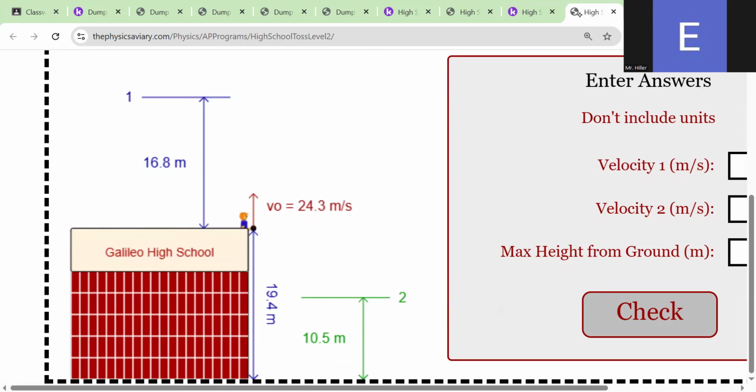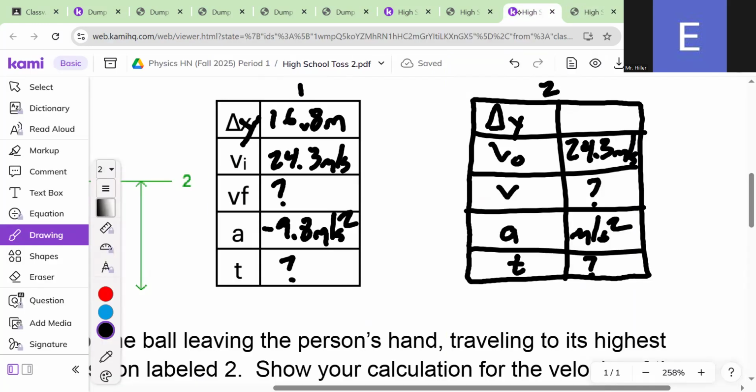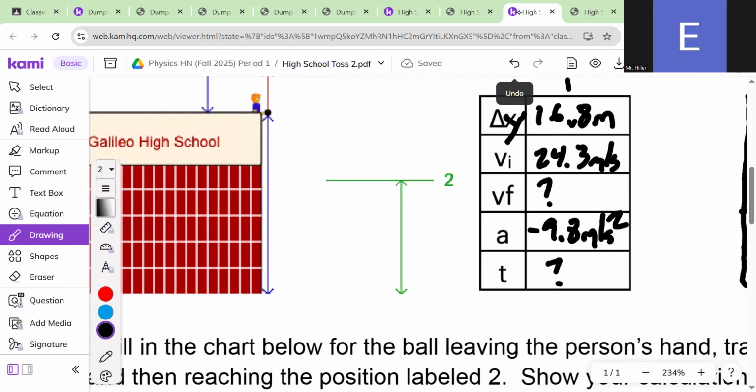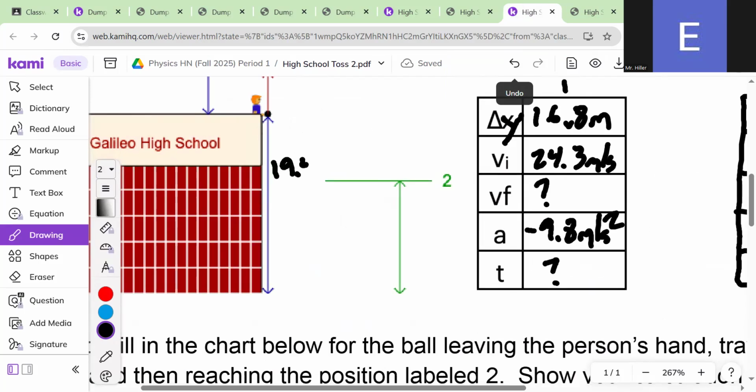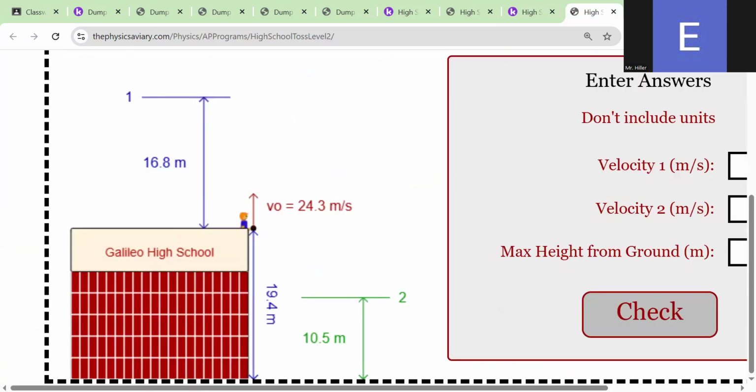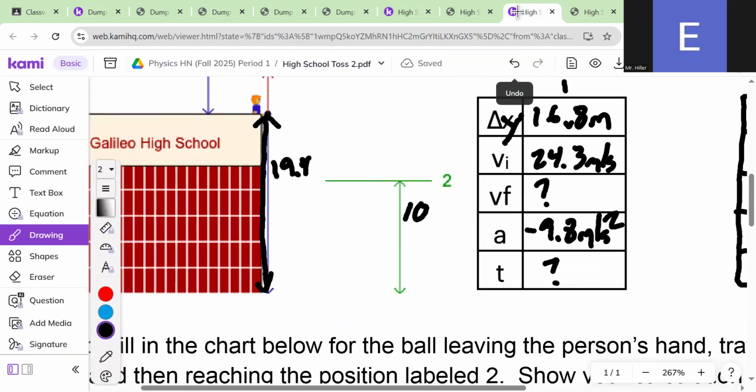So to figure that out, my height of building is 19.4. So I'm going to go and label some stuff. So this is 19.4 meters from here to there. And then location 2 is 10.5 meters above the ground. So I'm going to label that down here. Your displacement for location 2 is just going to be the height of the building minus the height from the ground.